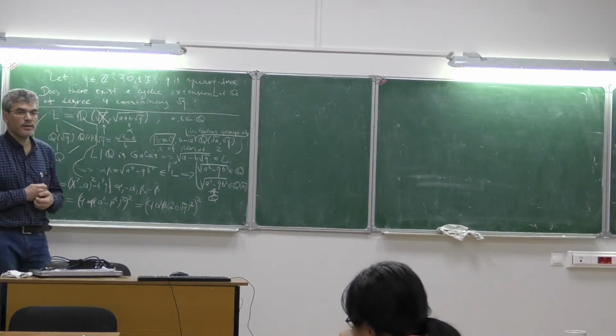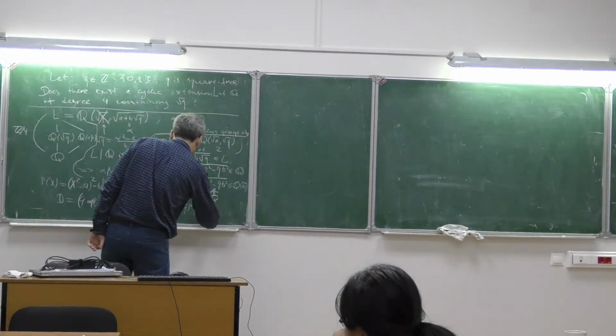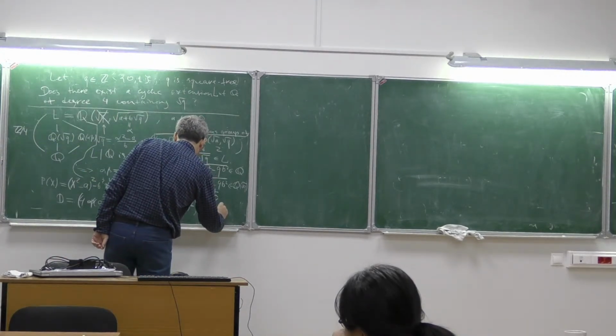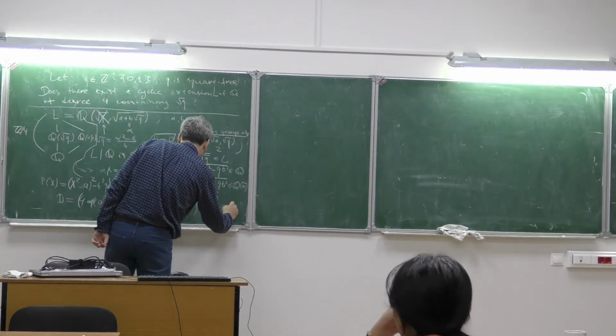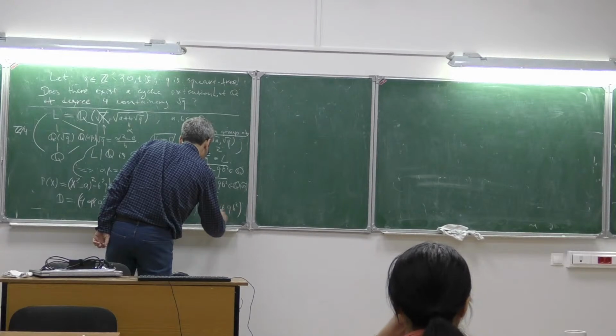Okay, so you see that the question is whether D is a square. Whether D is a square. So maybe we should write this as 16 alpha beta q b square, b squared.